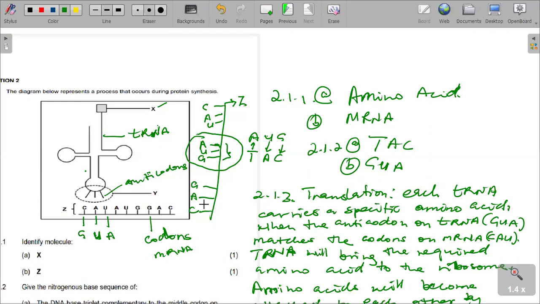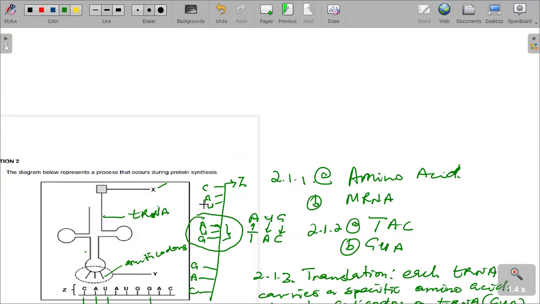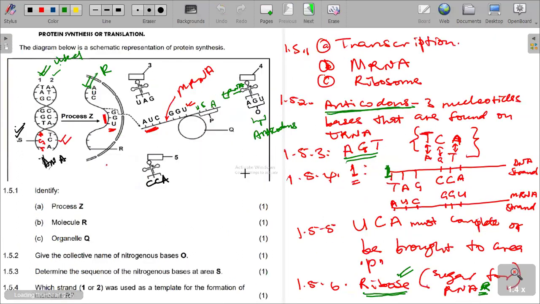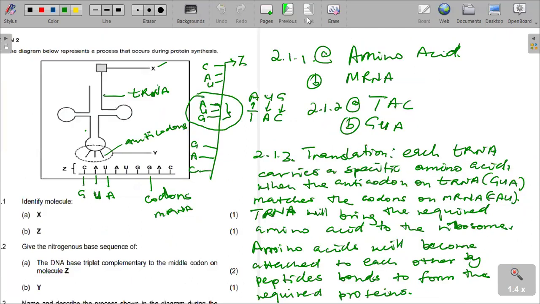So I've given you this format B, and the previous format, which was format 1, and then the other one, which was format 2, which I have shown you there.